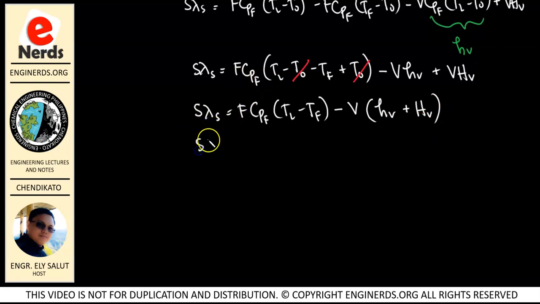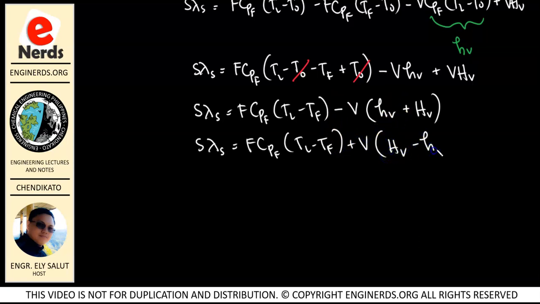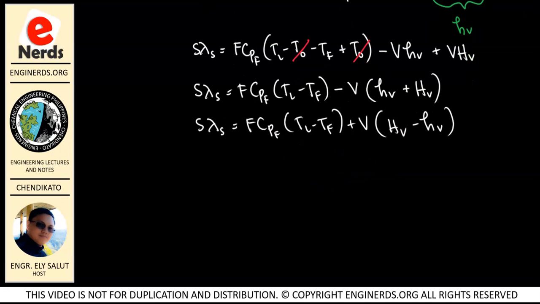So we will have S lambda S is equal to FCPF times TL minus TF plus V times HV minus HV. Okay? Now, what can you remember dito sa ating enthalpy? Nagawa na natin to sa ating previous video. We know that this is a latent heat. And we can get this value sa handbook.